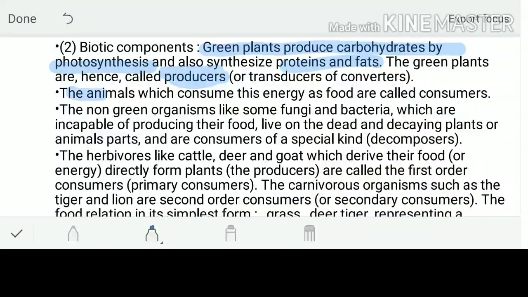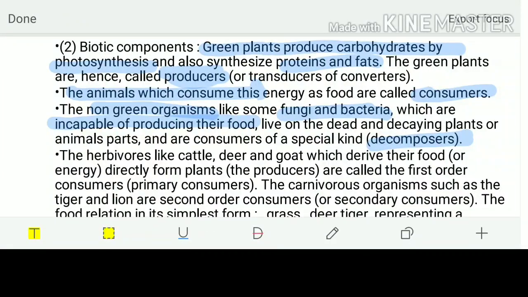The animals which consume green plants are called consumers. And there are some non-green organisms as well, for example fungi and bacteria, which are incapable of producing food. So they are called decomposers, because they live and feed on dead and decaying plants or animals.